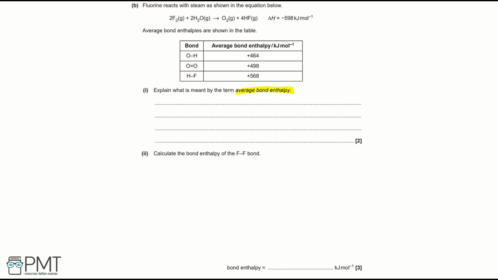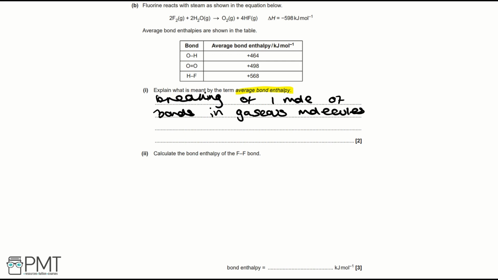Average bond enthalpy can be defined as the breaking, important we say breaking here, of 1 mole, again with definitions specifying quantities is really important, of bonds in gaseous, so here we're stating conditions, molecules. To get the 2 marks for this question, you need to say breaking of 1 mole of bonds, that's your first mark, and then in gaseous molecules is your second mark.